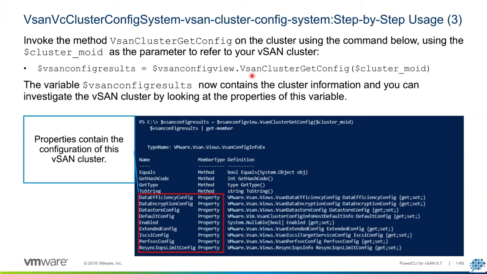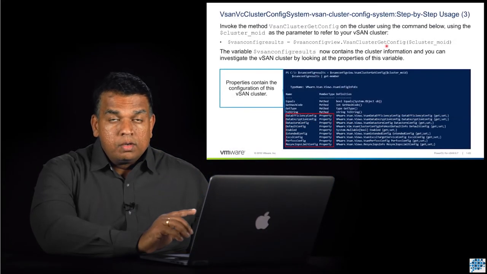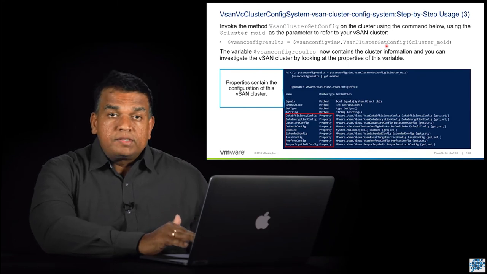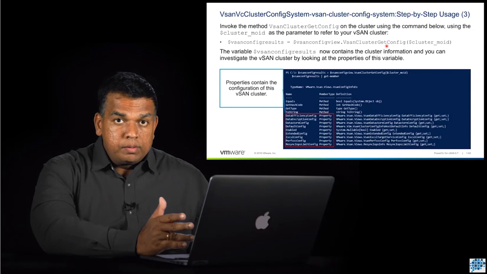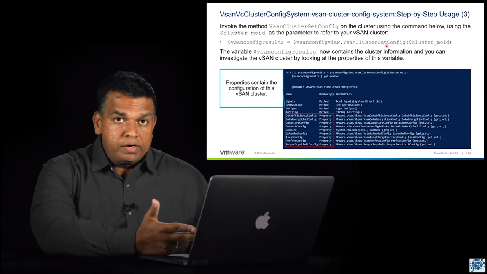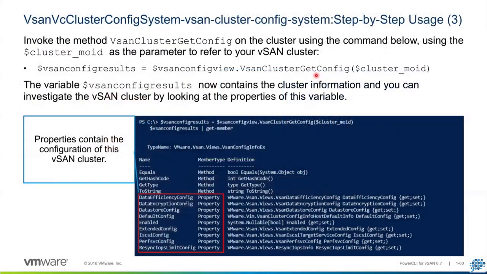This method is called VsanClusterGetConfig. If you want to know more about this method, you can just access the documentation. It will tell you about the method. So that is what I did. I first went through the documentation and then I invoked this method, and this method requires the cluster MOID as the parameter. So in the brackets I put in the cluster MOID.